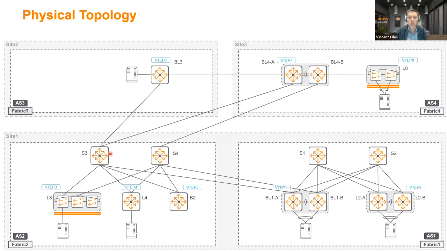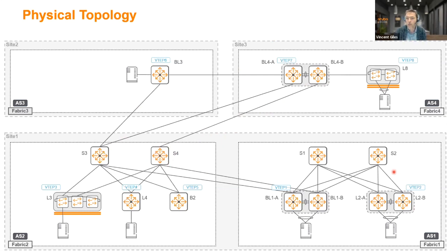So typically here you may say, well, I've got some spines on Fabric 2 that have a lot of ports available, maybe some ports where I can support long range optics, so I will interconnect site 3 and site 2 to site 1 through spine 3 and spine 4, which are regular intermediate nodes just for underlay.